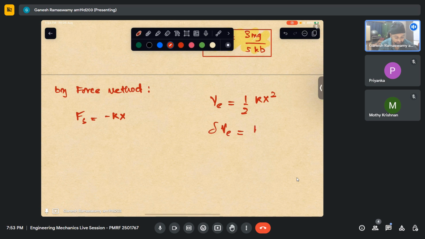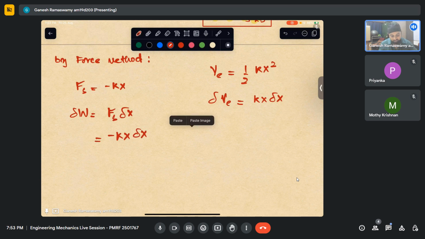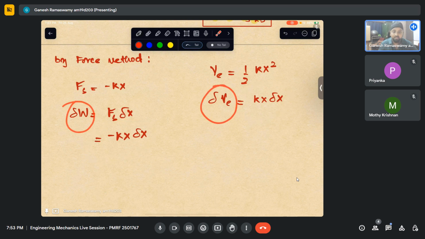Here we write the force, and then we take the virtual work as Fs delta x, which is nothing but minus kx delta x. So we can see that both give us the same quantity, with the understanding that the work done is the negative change in the potential energy, which we discussed initially. So both mean the same thing. That is why we are getting the same answer.